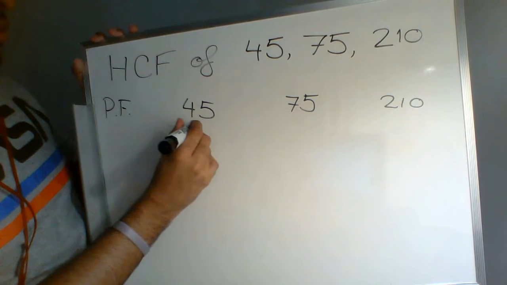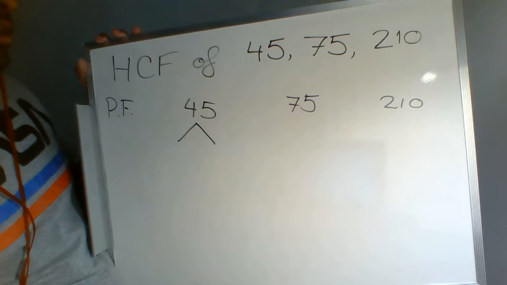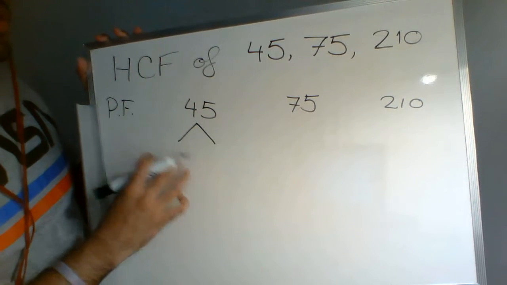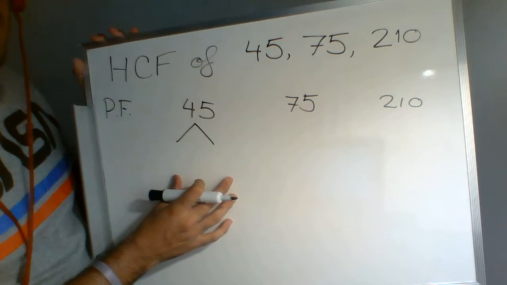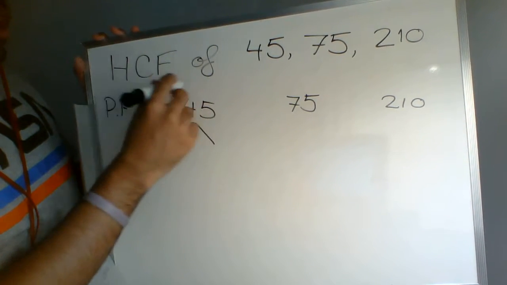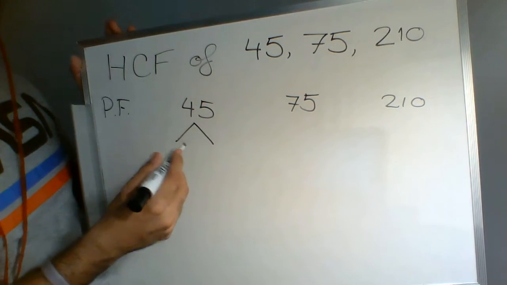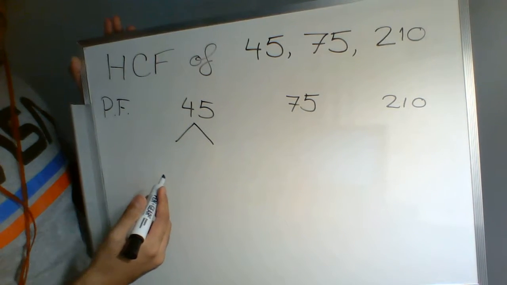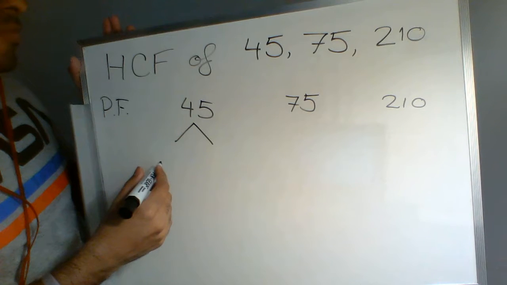If we start with this 45, we want to break this up into 1 prime number and then something else, right? So 45 isn't going to be divisible by 2, so that's a problem. We can't divide this by 2, but we can divide it by 3.